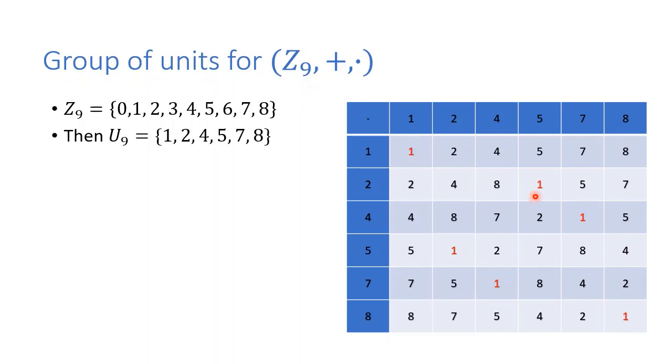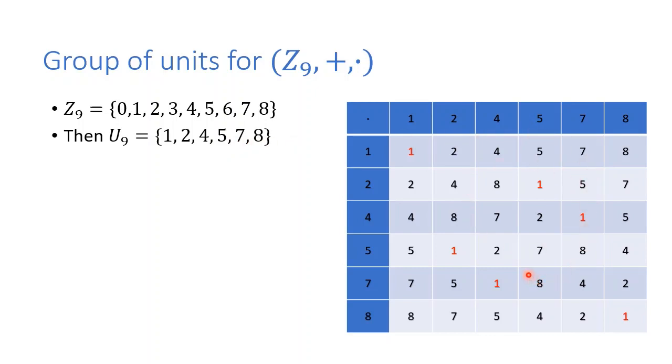Similarly you fill all the values, and we see that each and every element comes from this set alone. It does not exceed this set. You may see that 3 is not obtained as a result. 3 is an element of Z9, but you didn't have a 3 as a result here. You didn't have 0 as a result here. So this set alone forms a group under multiplication.